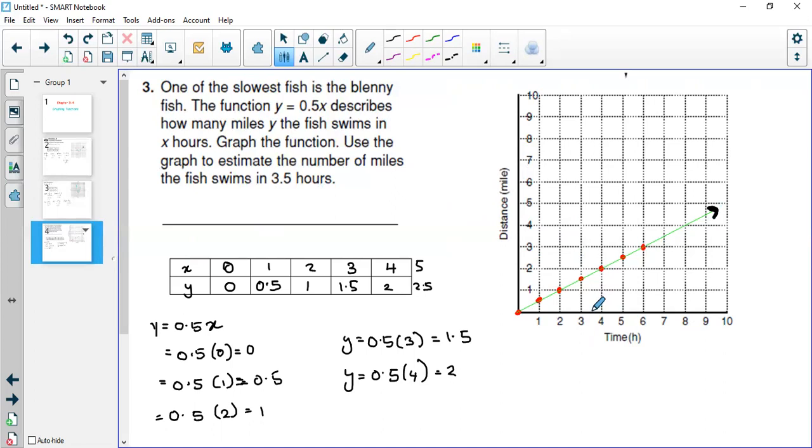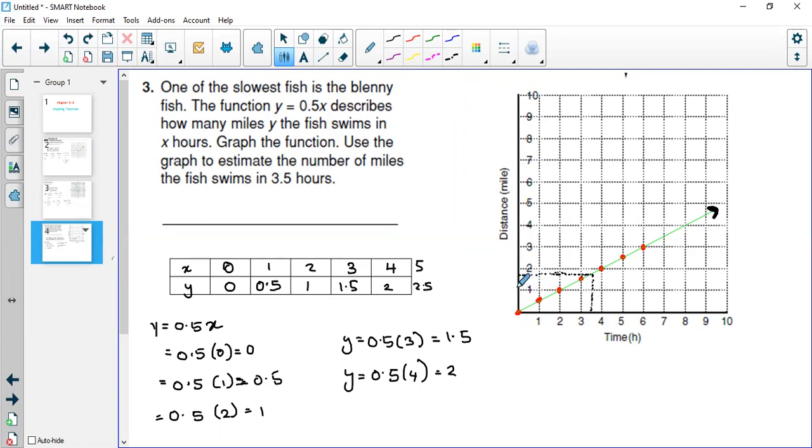So what you're going to do is go up like that until you touch the line, and then go across, this way, and then find out how much distance the fish swam.